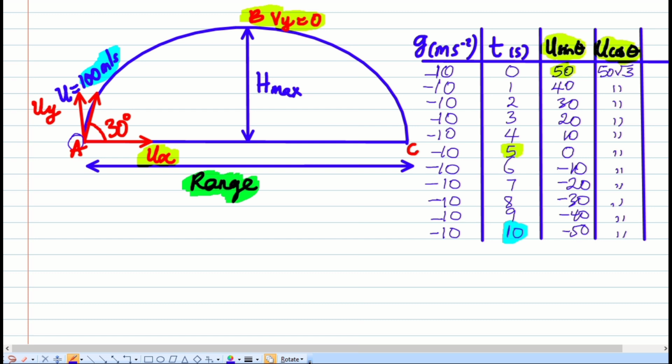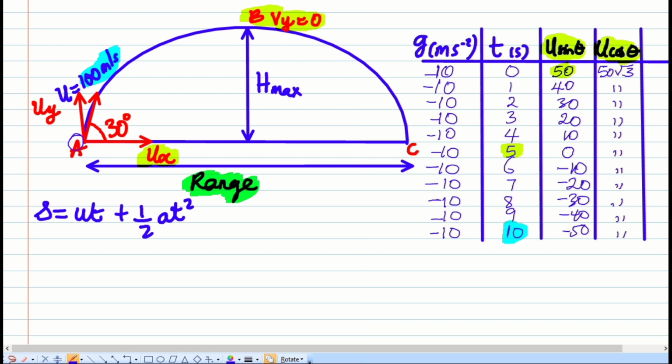Since we're talking about distance covered, we're going to use this formula: S is equal to UT plus, let me not put plus or minus yet. In fact, I will not put plus or minus because the horizontal component is not affected by gravity. So it's just plus half at squared.